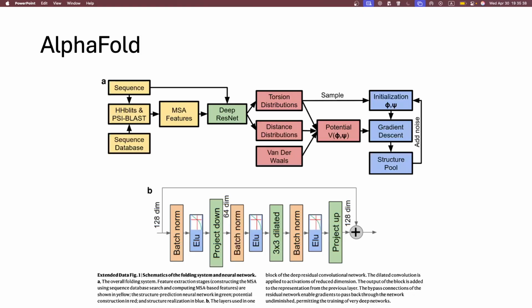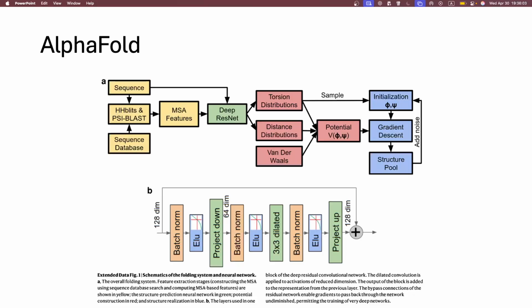So basically, the algorithm consists of 4 parts. The first part is basically taking the sequence and processing the sequence through a ResNet to derive a distance map. I shouldn't say attention, it's a distance map.